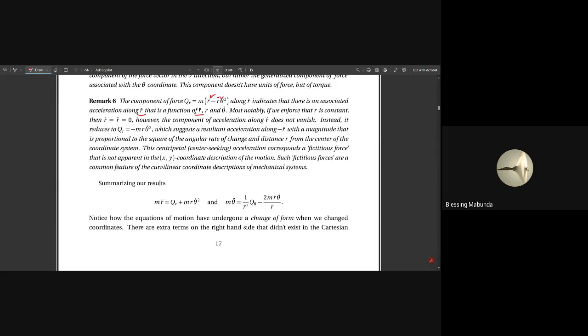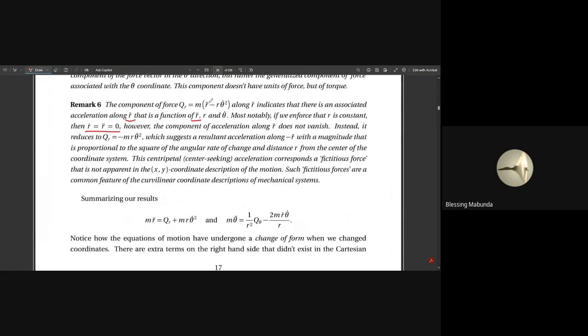Most notably, if we enforce that r is a constant, then r dot and r double dot all go to zero. However, the component of acceleration along r hat does not vanish. Instead, it's going to reduce to minus r theta dot squared. Right, so this is what will go away, but this here will remain.